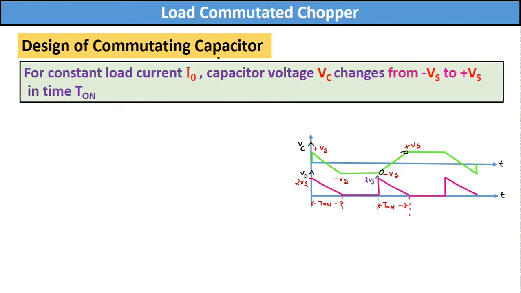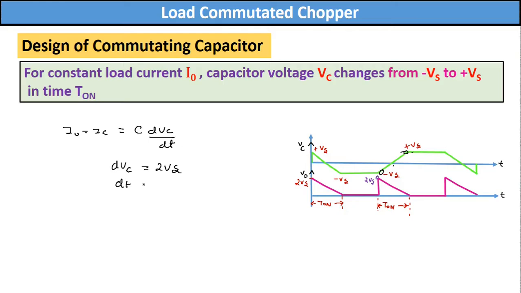In the load commutated chopper, since the load current is equal to the capacitor current, the capacitor current can be written as C dVc by dt, where Vc is the voltage across the capacitor. Now we have to find out this change of capacitor voltage. Here, this is minus Vs and this is plus Vs. That means the total change in voltage will be equal to 2Vs, and it is occurring in the on period.